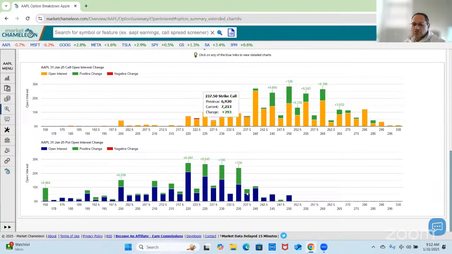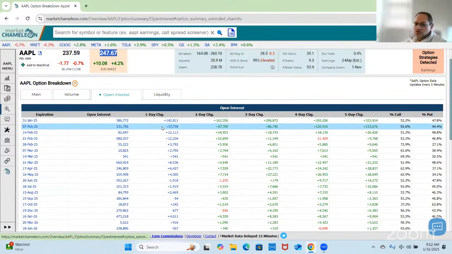That's where it was, and yesterday positions increased on those strikes. So that's a quick view of what happened as far as open interest in that expiration in Apple, where the biggest increase was 142. We could do the same thing on the other ones.